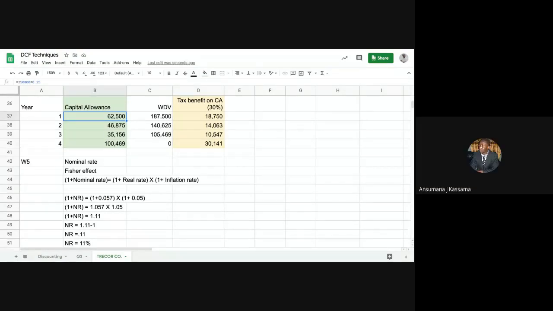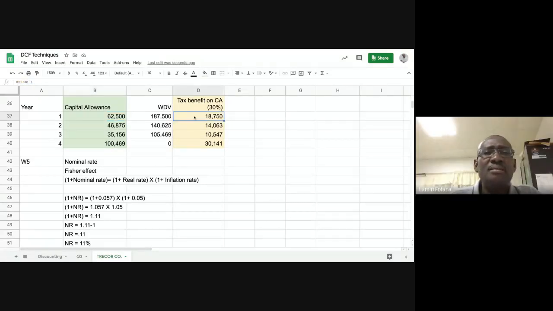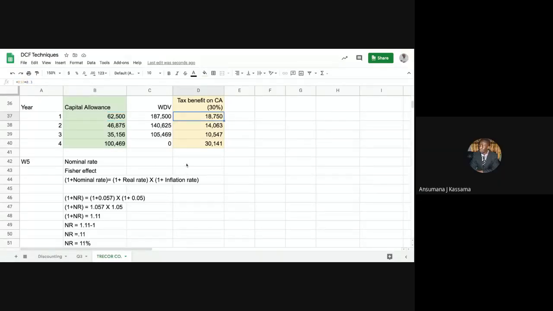I think you charge this 30% on that to get the answer there. Yes, 30% on that. But I'm having a different answer. If I charge 30% of that, I think it should now be 25%, not 30%.